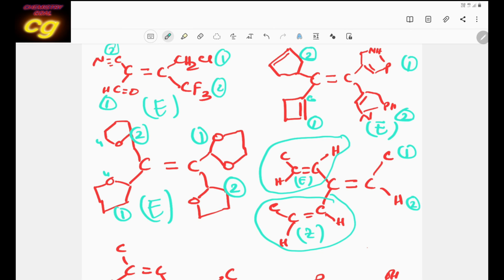But here EZ both are similar groups, one is E pattern, another is Z pattern, but Z has more priority. Remember, Z has more priority than E. So this is Z, this will be 1 and this will be 2. As Z is higher priority, it is taken as 1, and E the second priority, that is 2.